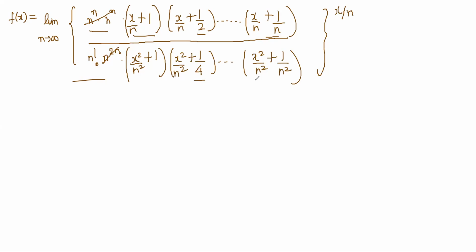Question says x by n. No, you have written x by n. x by n plus 1 by 3, yeah. No, how do you know that after half, 1 by 4 will come? 1 by 4 will not come, 1 by 3 will come. Oh, down there, you're saying. Achha, sorry. Yeah. Sorry.